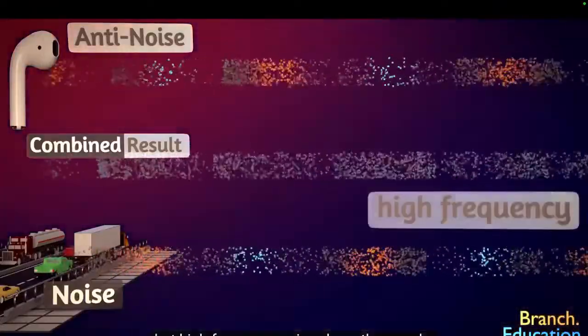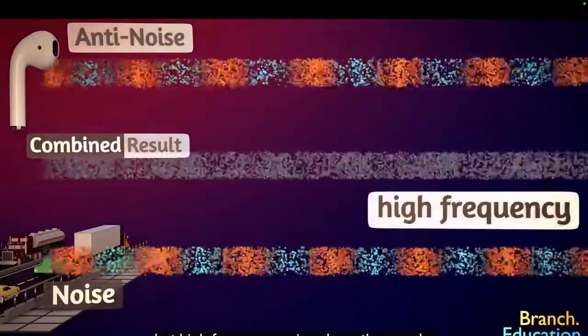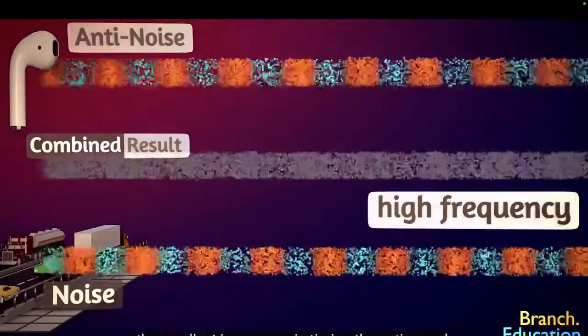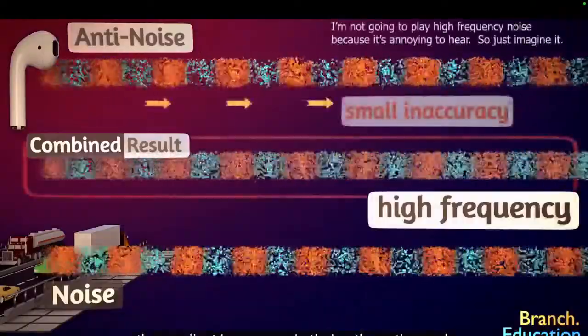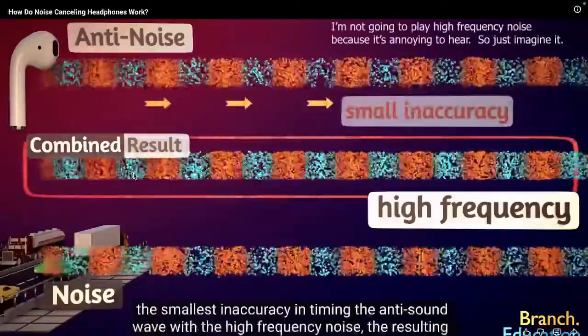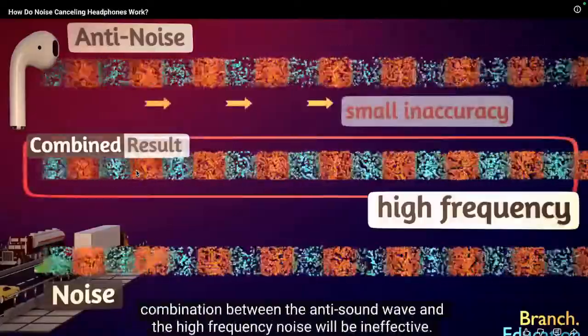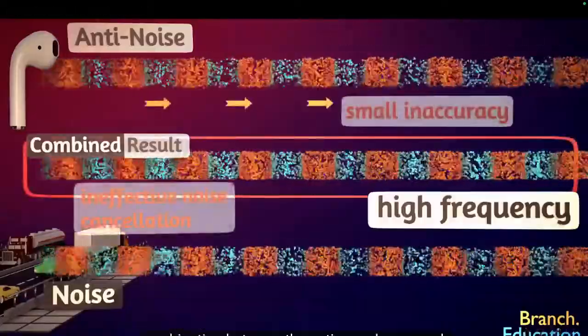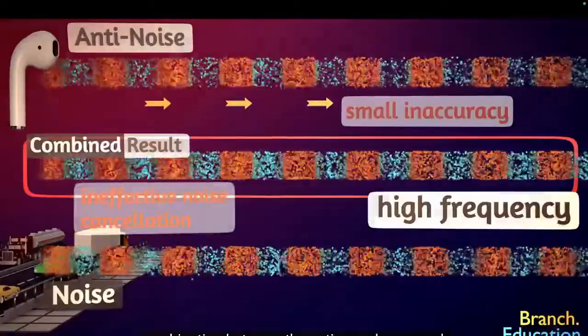But high-frequency noises have thousands of wavelengths per second. If there's even the smallest inaccuracy in timing the anti-sound wave with the high-frequency noise, the resulting combination between the anti-sound wave and the high-frequency noise will be ineffective.